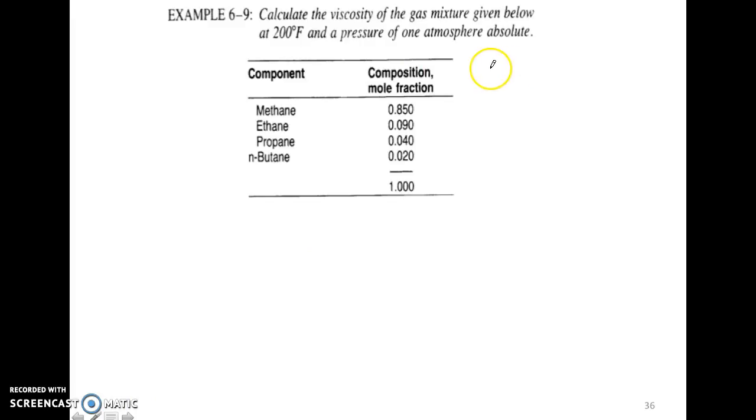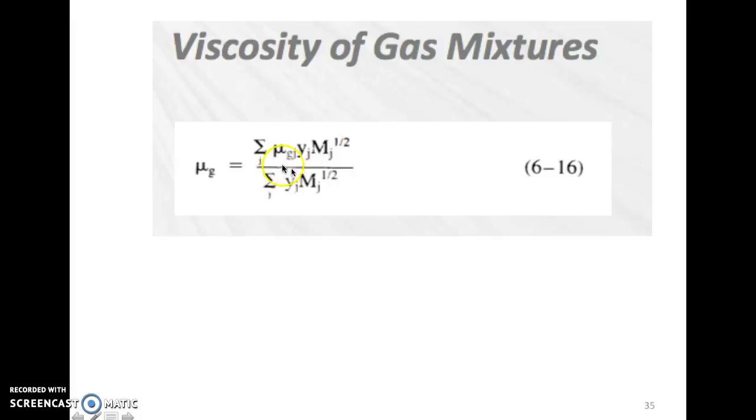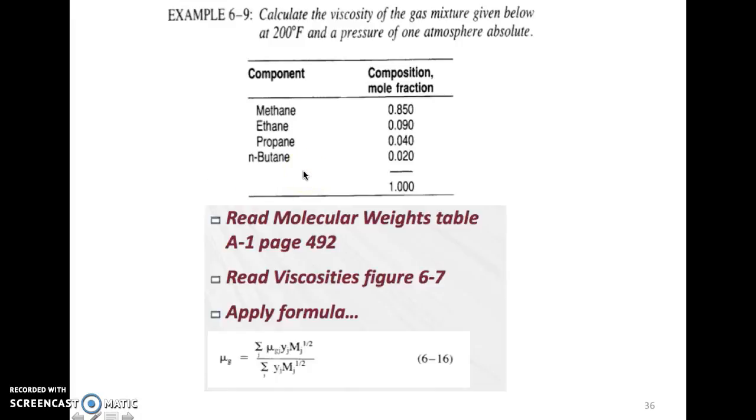What we need to do is calculate the viscosity for each component using the figure that we have in the previous part, figure 6.7, and then use the mixing rule that we have here to calculate the viscosity of the mixture.